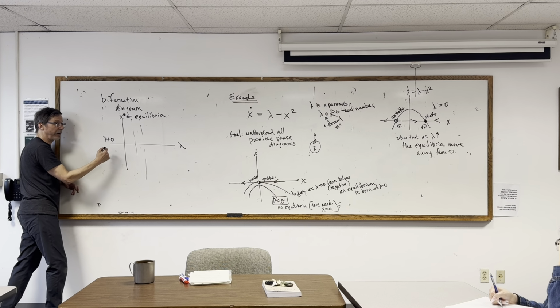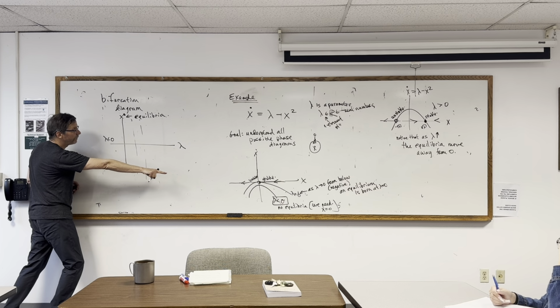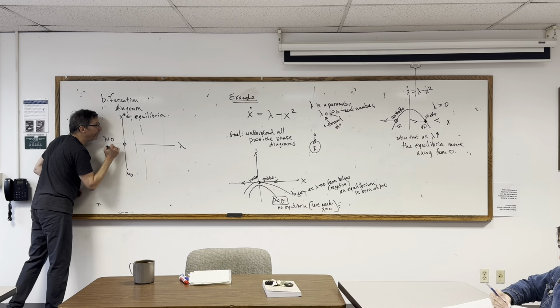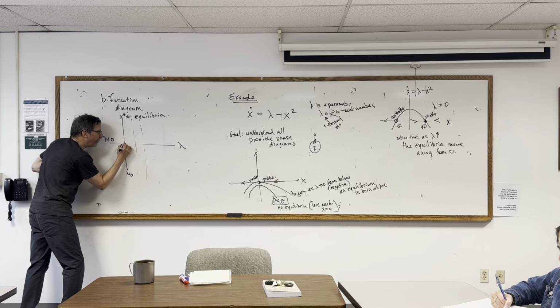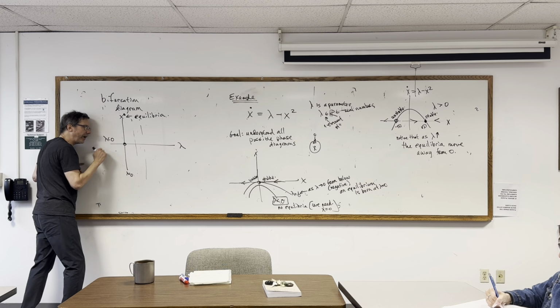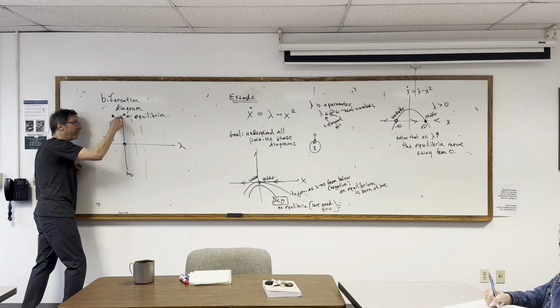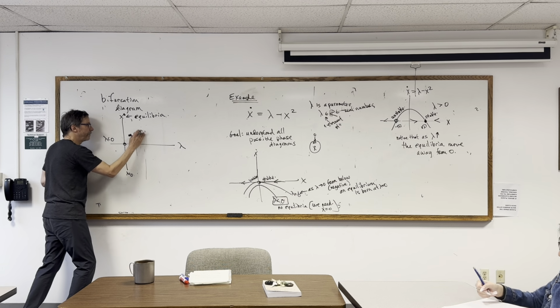There's no picture because the graph is below the x-axis. As lambda hits 0, suddenly an equilibrium is born. It is stable on the upper half, the positive part, and unstable on the lower part, the negative part of the x-axis. This just represents that x-axis, the phase line.